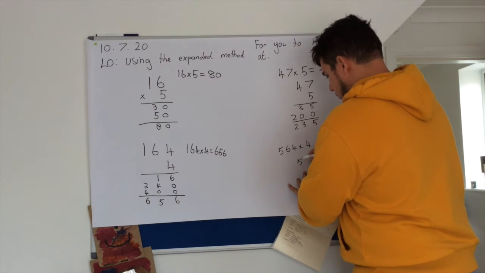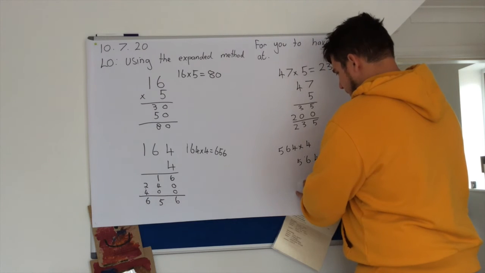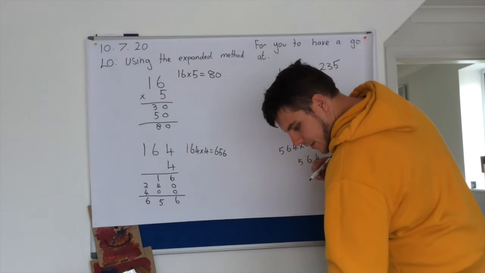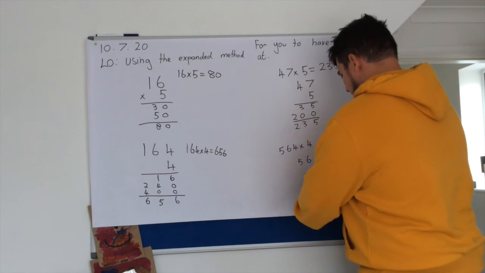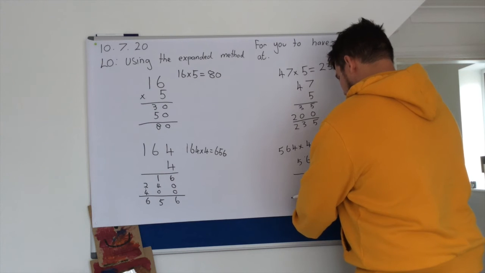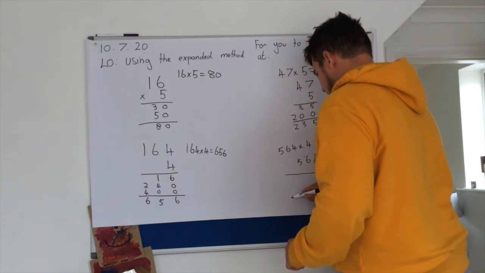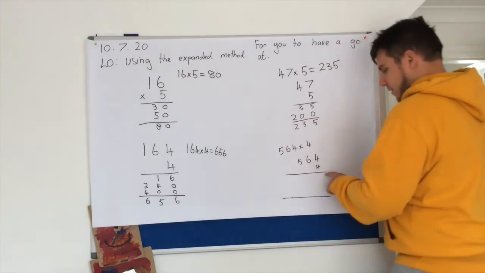So I'm going to do 564 times by 4, and then I'm going to give myself a bit more space here, so I'm going to have 3 columns of numbers, and I think I might go into the thousands as well.